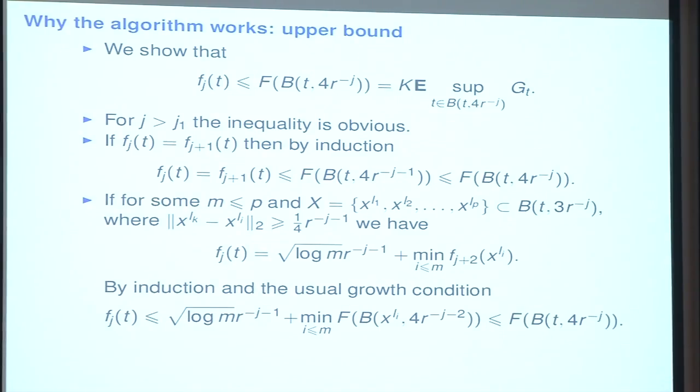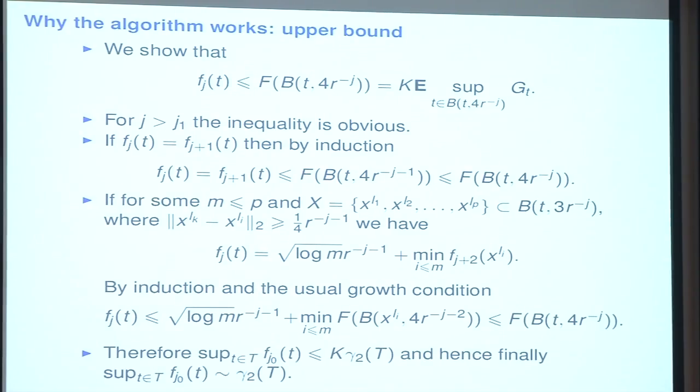And in this way, we prove that our algorithm is exact because finally, we have that the supremum over F_j0 is bounded by F_t, and F_t is the expectation of the supremum of the Gaussian process, and the expectation of the Gaussian supremum, due to Talagrand's theorem, is dominated by the gamma_2 numbers.